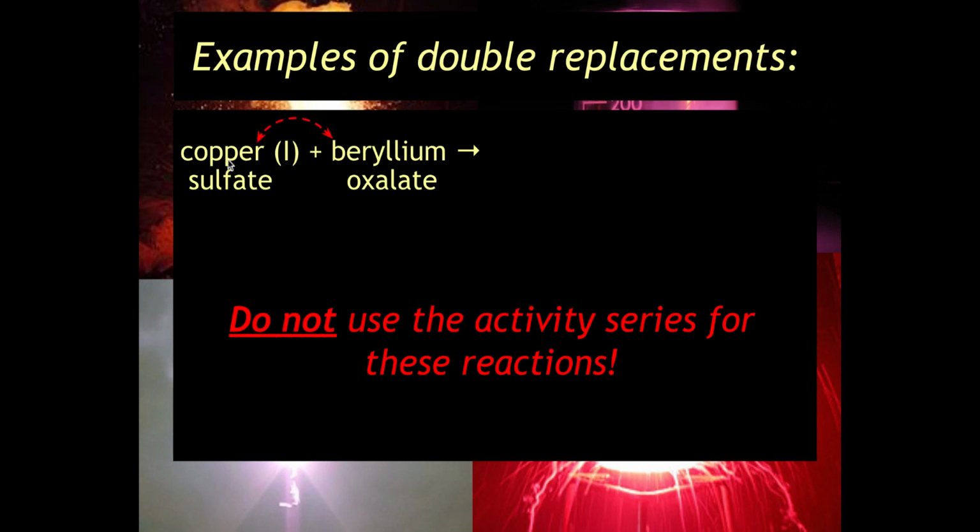So in this case, copper is my metal and beryllium is a metal, so they're just going to swap places. So now I have copper oxalate plus beryllium sulfate, and you keep that Roman numeral attached with the copper. So copper and beryllium just switch places, and I've generated two new compounds here.